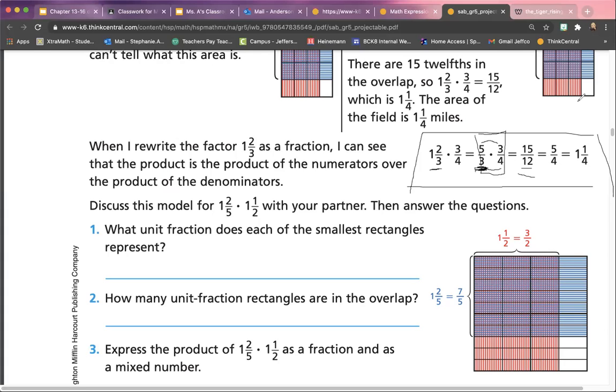And then you want to simplify, and this is the thing we've been working on, right? 15 divided by, and maybe you put this in your notebook too, divided by 3 is 5. 12 divided by 3 is 4. I'm left with 5/4.